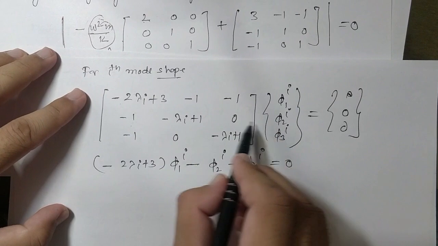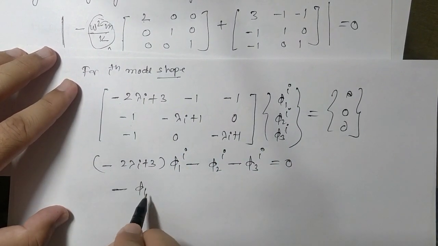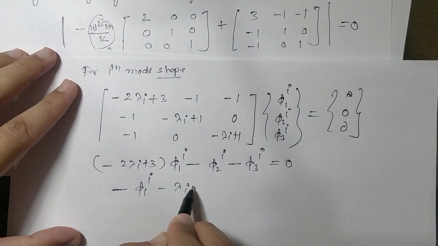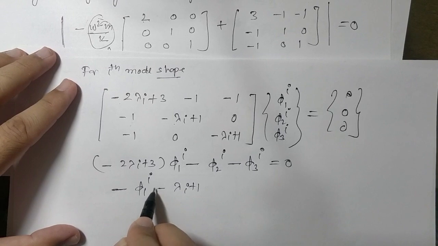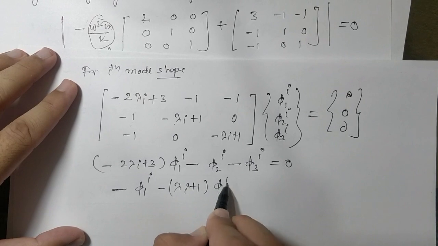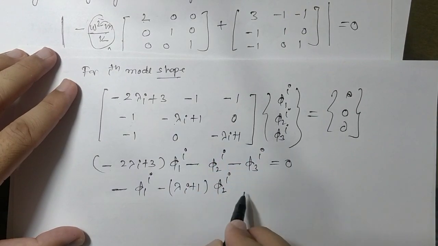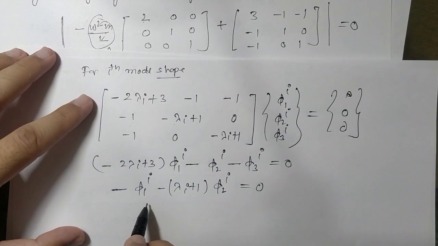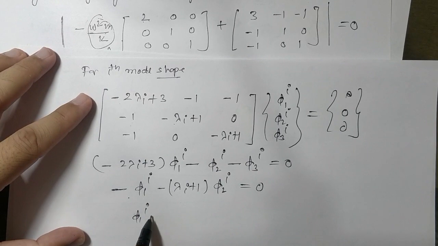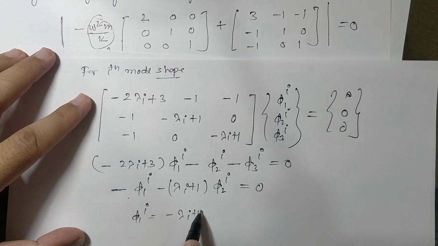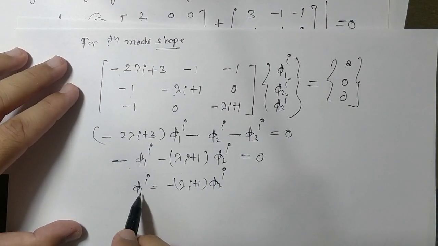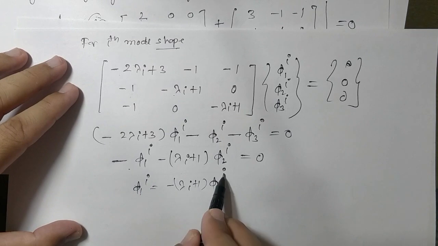And from the second row we can write minus phi 1i, minus lambda i plus 1 multiplied by phi 2i, and 0 multiplied by this, is equal to 0. From the second equation we can write phi 1i equals minus lambda i plus 1 times phi 2i. So we found the value of phi 1i in the form of phi 2i.